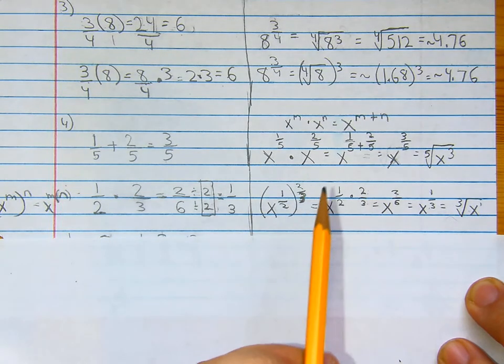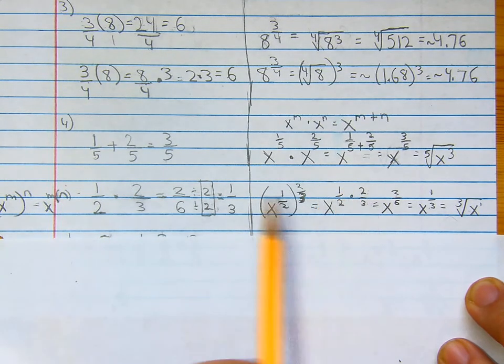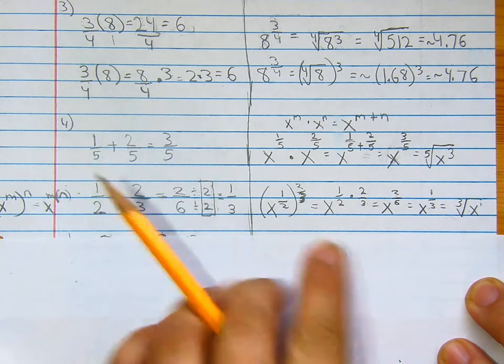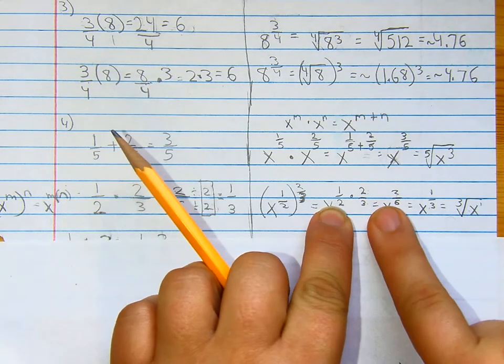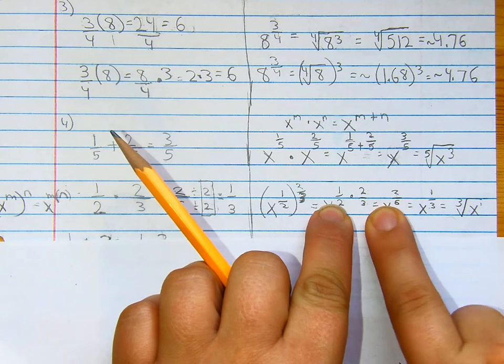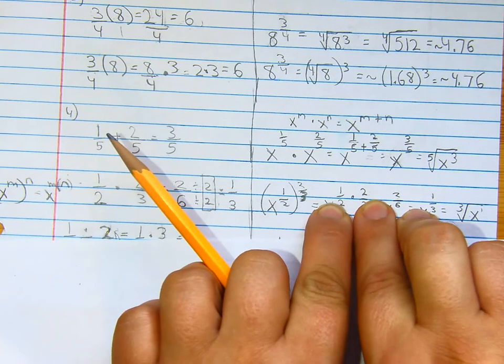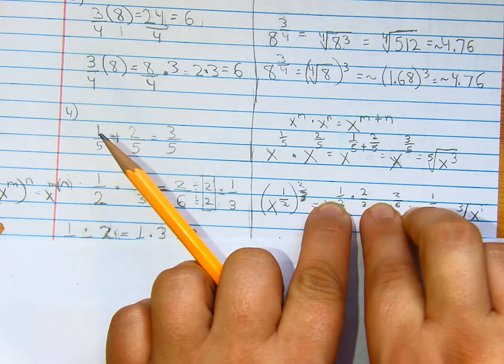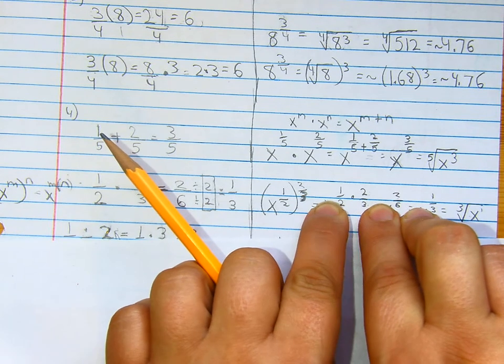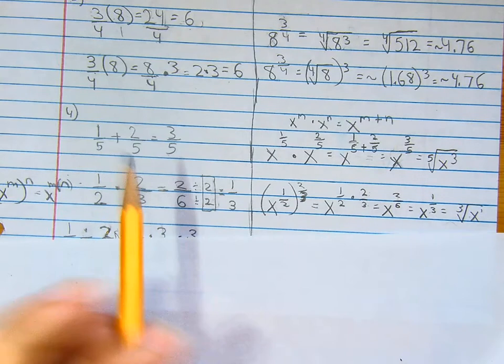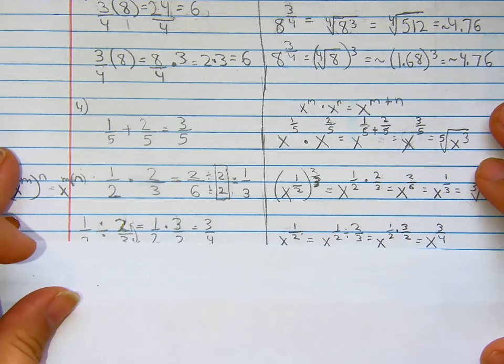So this is a fancy way of doing this. Basically, you ignore the x and just treat it as the multiplication of fractions. The x just happens to be there as the base number.